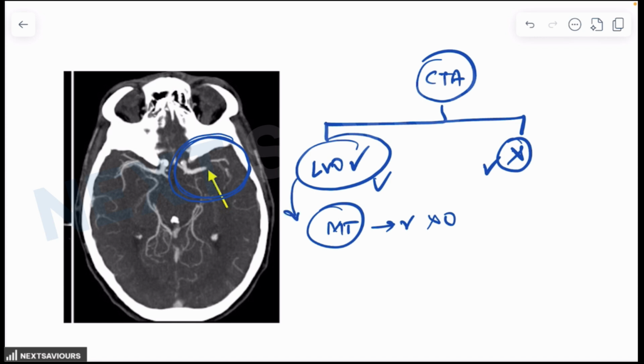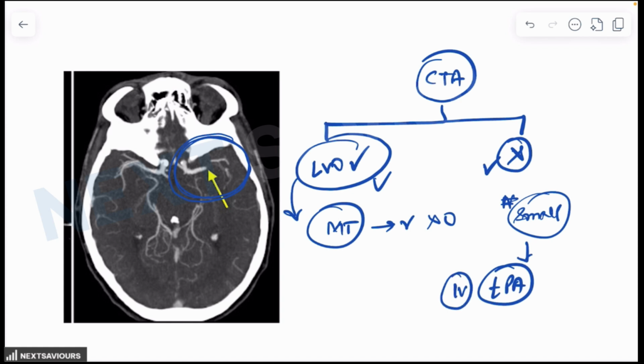So this is the patient who is a candidate for mechanical thrombectomy. But had there been no large vessel occlusion, only a small vessel occlusion, then in some cases only TPA, that is intravenous TPA thrombolysis, might suffice. Okay, so this is the importance of CTA imaging.